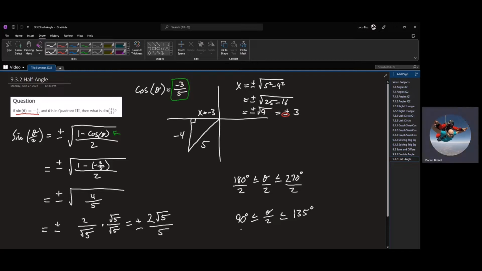So now that we know that our angle theta over 2 is in quadrant 2 somewhere, and that sine is positive in quadrant 2, we know to take the positive version. So our end answer is 2 square root of 5 over 5. And this is our final answer.